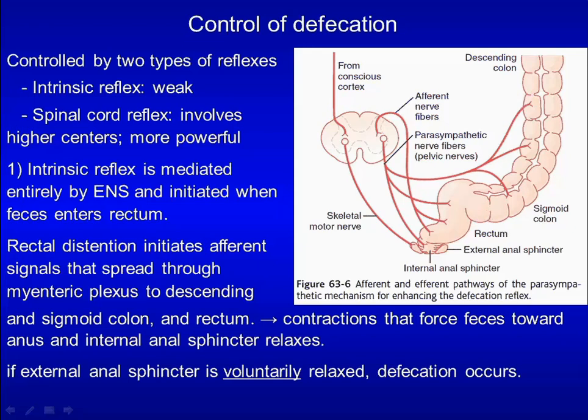Contraction of smooth muscle forces feces toward the anus. The internal anal sphincter relaxes. If the external anal sphincter is voluntarily relaxed, defecation occurs.